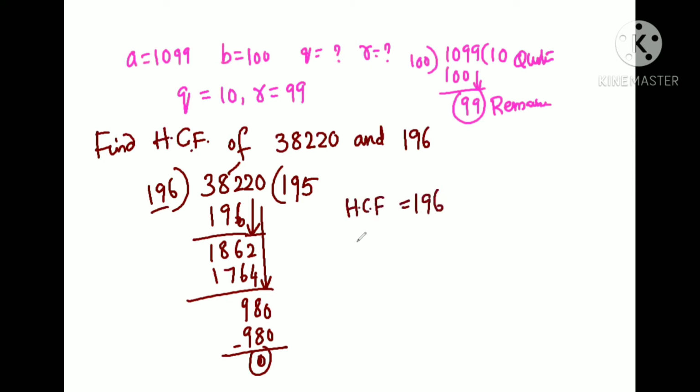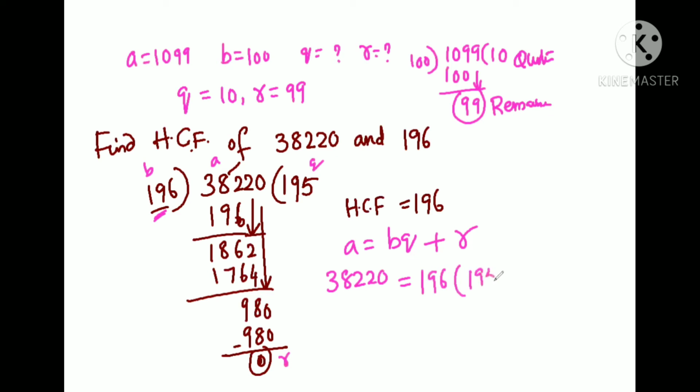We can write this in the form a is equal to bq plus r. Here a means dividend 38,220 and b is the divisor. This is a, this is b, this is q, and this is r. So b is 196, q is 195 and r is 0. Therefore the HCF is 196.